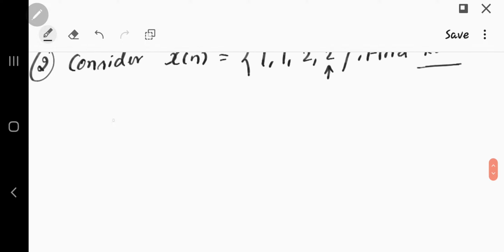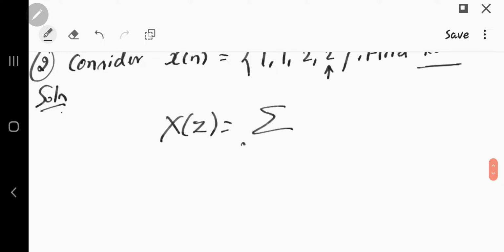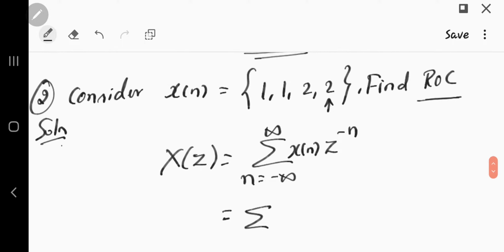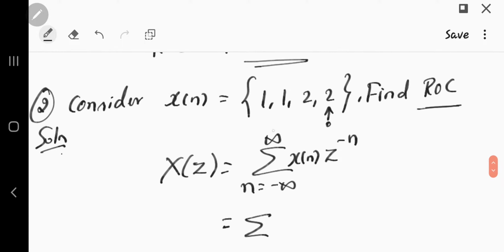Now if you apply x of z is equal to the sum of x of n z to the power of minus n, the limit, looking at this, here is the origin, so -3, -2, -1.